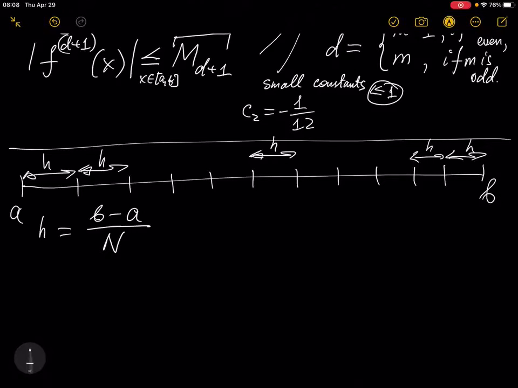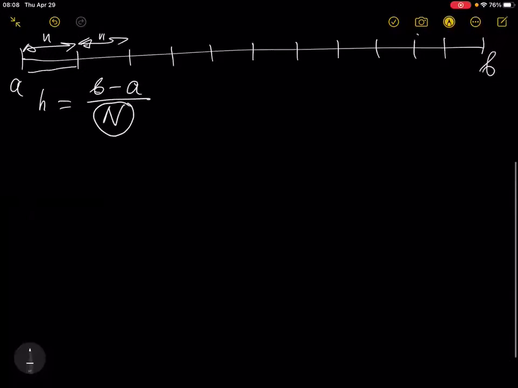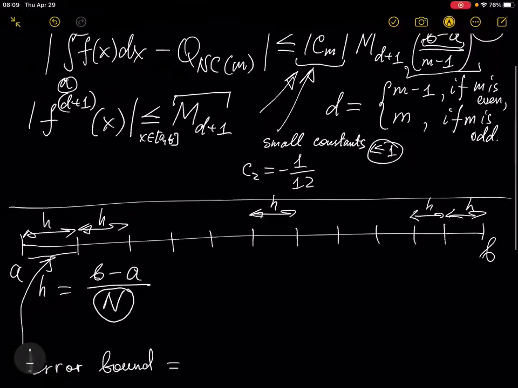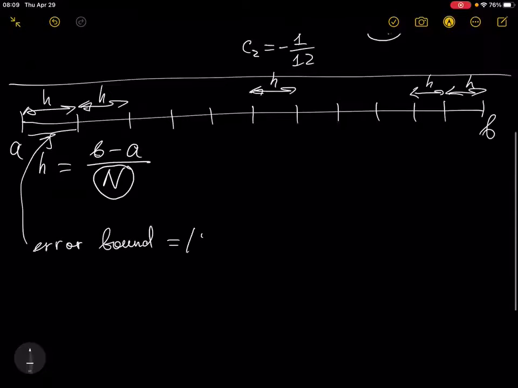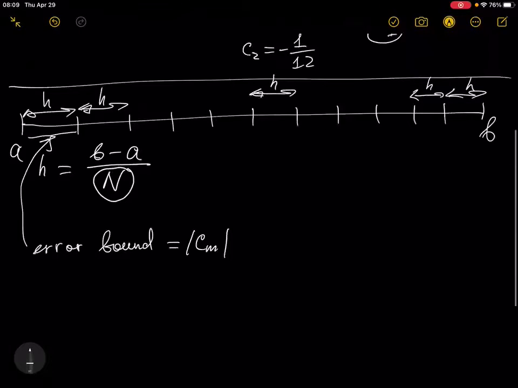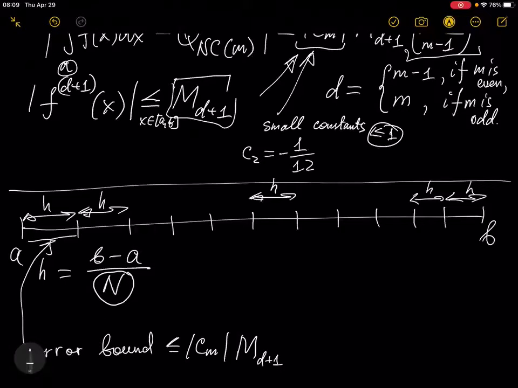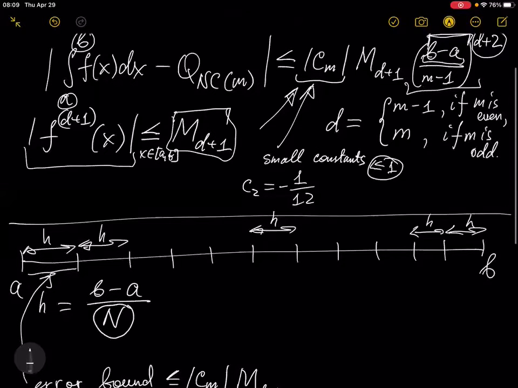Increasing this number of subintervals, you are decreasing this h. On every one of these subintervals, the error bound is the same C_m, and you can use the same M_{d+1}, because if this is the maximum bound for the whole interval, it also works on a subinterval.